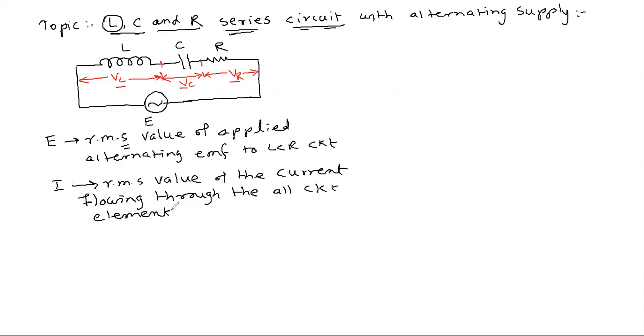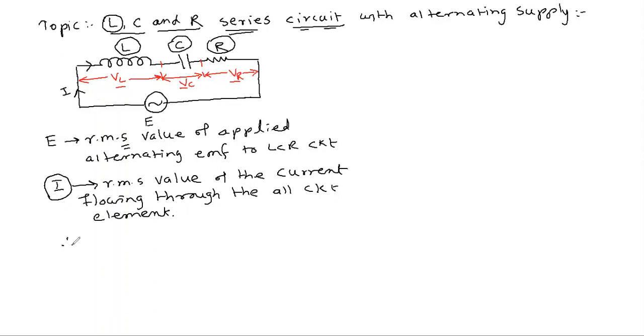What are the elements you are using here? We are using inductance, capacitor and resistor. So I is the current which is flowing through this L, C and R of this circuit.